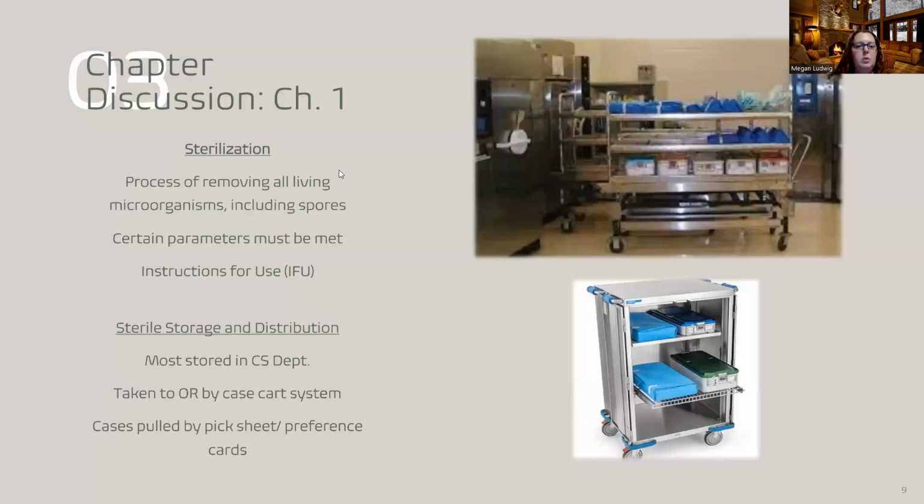So a couple of terms here you need to understand the definition of, because this term sterilization, I think students just kind of throw around and they don't truly understand the concept. But if something is sterile, or to be considered sterile, it means that there are no living microorganisms on that surface, including spores. Spores are the hardest things to kill in the realm of bacteria.